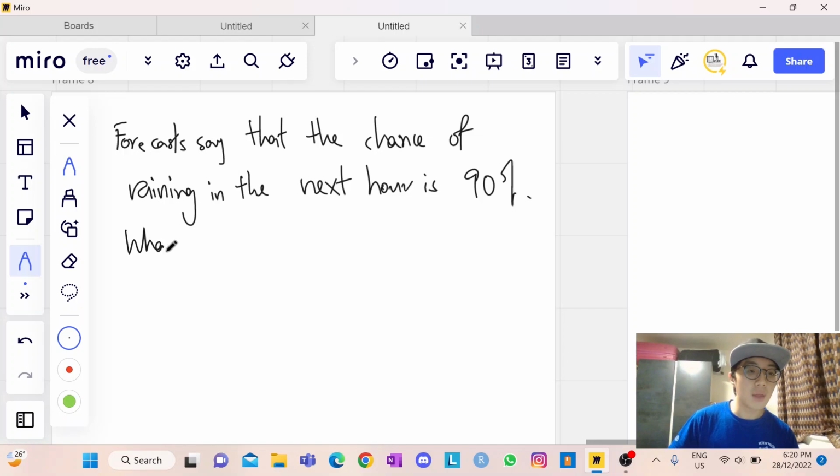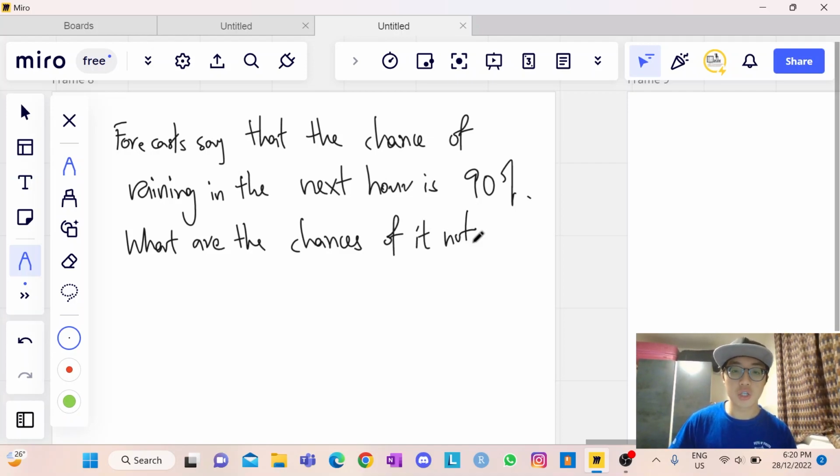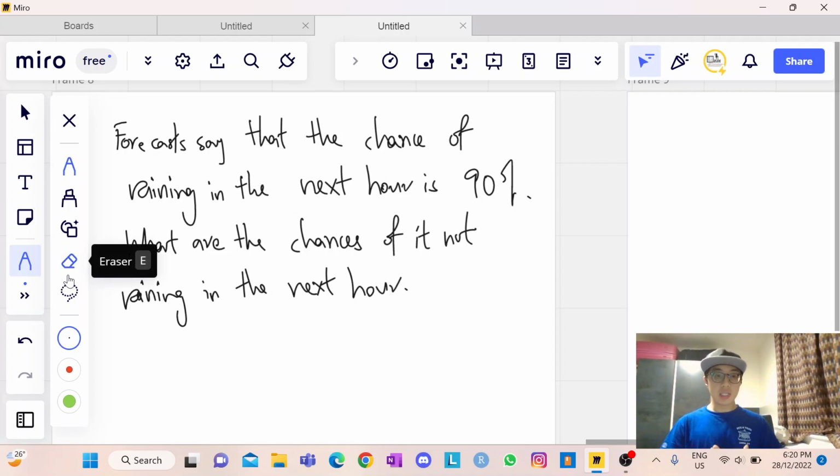So what is the chance of it not raining in the next hour? In this case, it is just either a rain or a not rain situation.